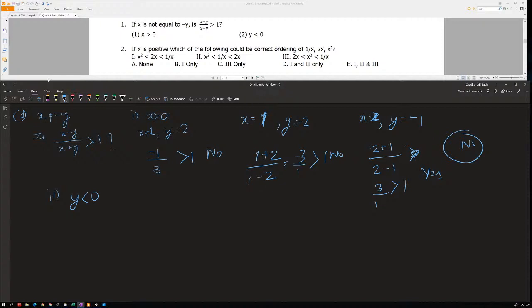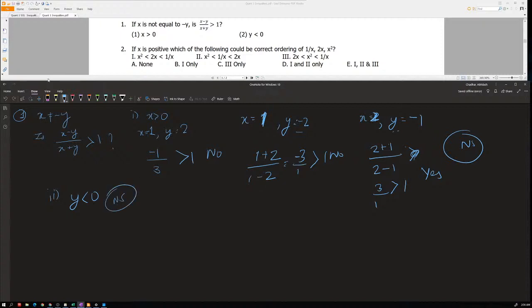What happens if x is negative? It depends on the value of x also, even if y is negative. So y is negative here and we get a yes answer. And y is negative here and we get a no answer. So definitely this is also not sufficient.